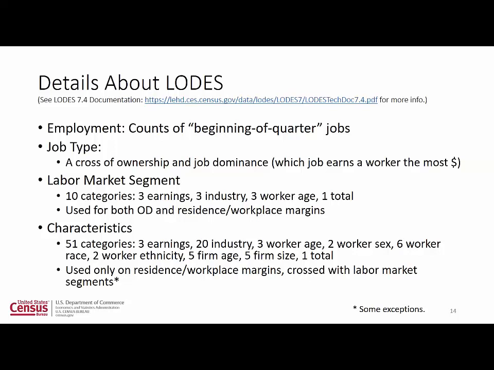We also have some additional characteristics: 3 earnings, 20 industry, the NAICS sectors, 3 worker age, 2 worker sex, 6 worker race, 2 worker ethnicity, 5 firm age, 5 firm size, and 1 total. These characteristics are only available on the residence or workplace margins. They're not available on the origin destination data.